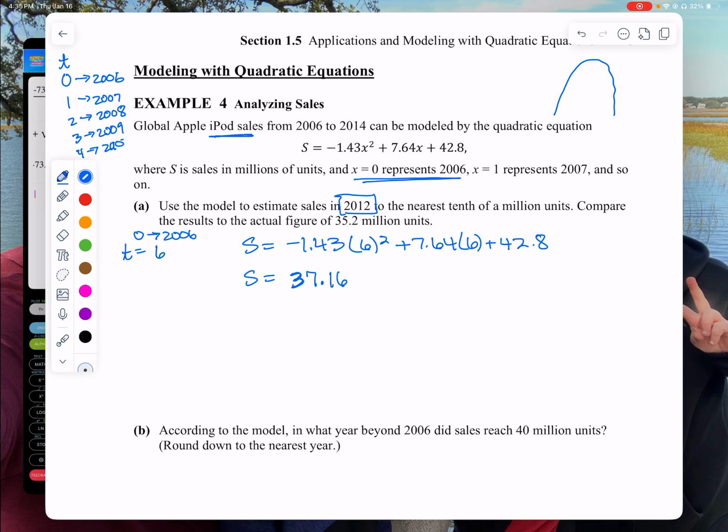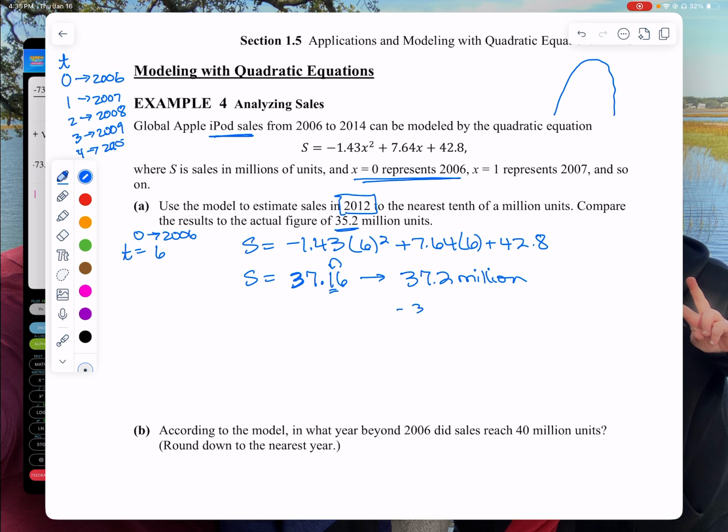They want us to round it to the nearest tenth. There's the tenths, so that's going to move up. So it's going to be 37.2 million is what we project it to be. Well, 2012 has already passed, so they actually have data. It was 35.2 million. They want us to compare the results.